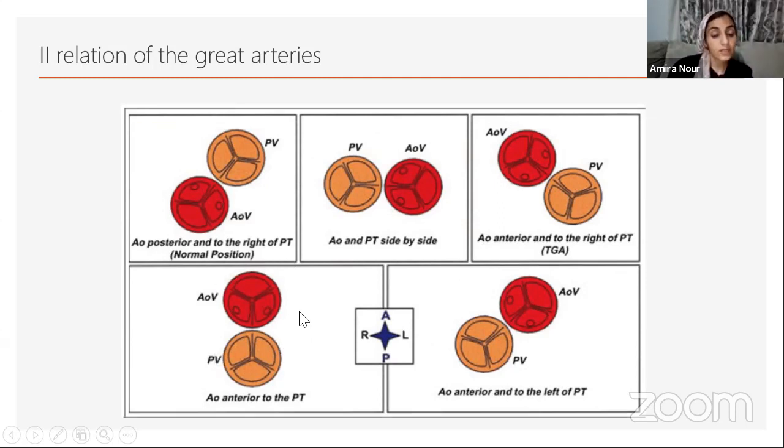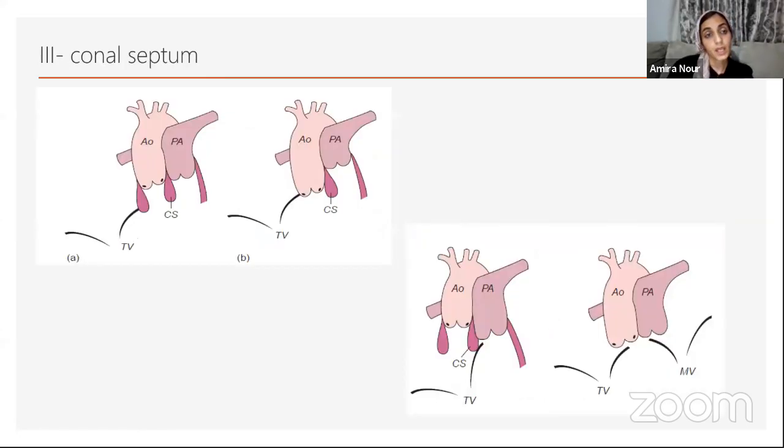We can have an antero-posterior relationship between the aortic valve and the pulmonary valve. And less commonly, we can have malposed great vessels where the aorta is anterior and to the left of the pulmonary artery.